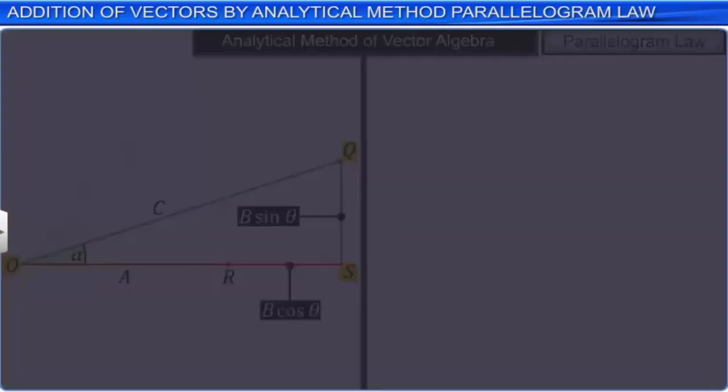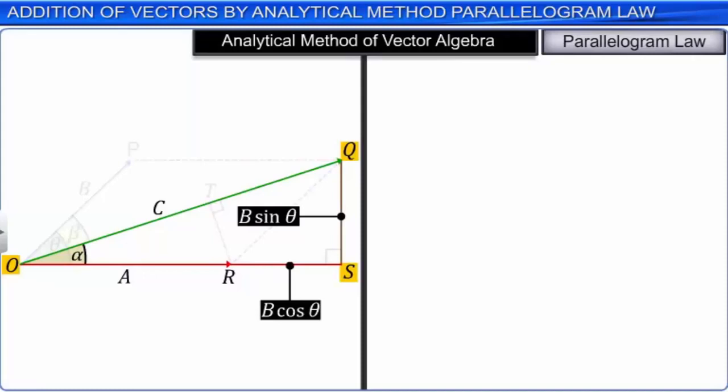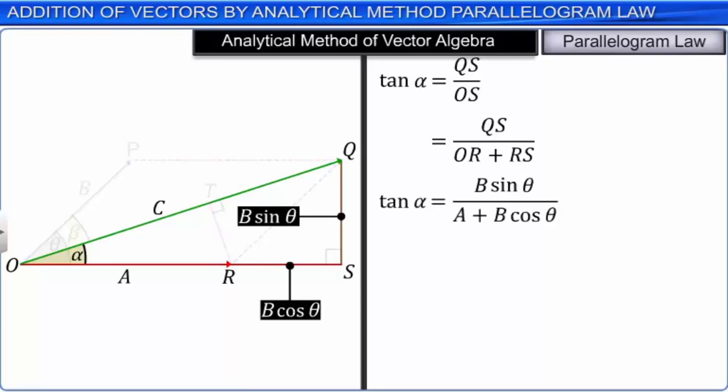Tan alpha is equal to B sin theta by A plus B cos theta. Let this be equation 16. From this equation 16, we can find the direction of the resultant vector C. Thus, the parallelogram law helps you find the magnitude and direction of the resultant vector C.